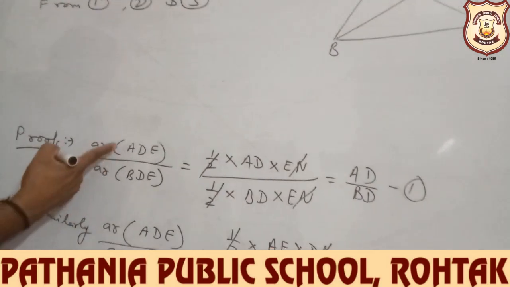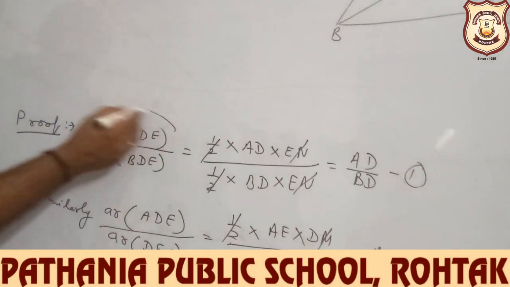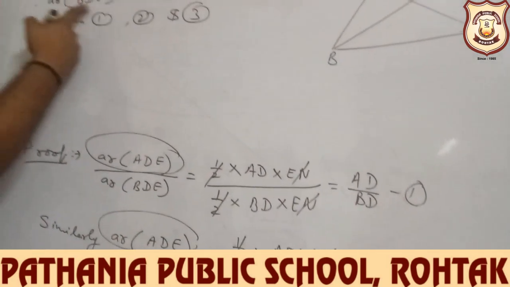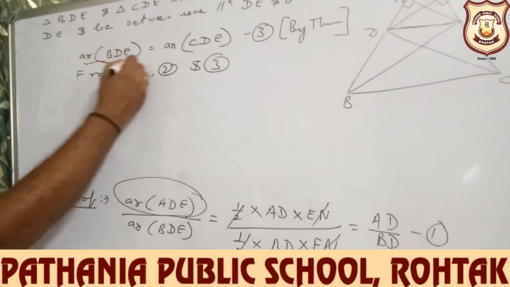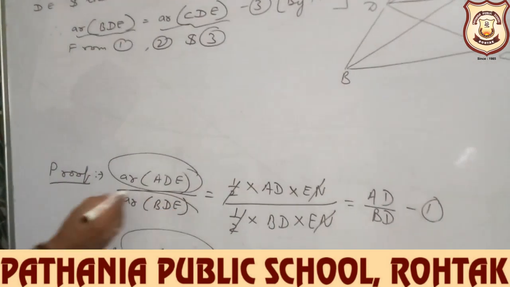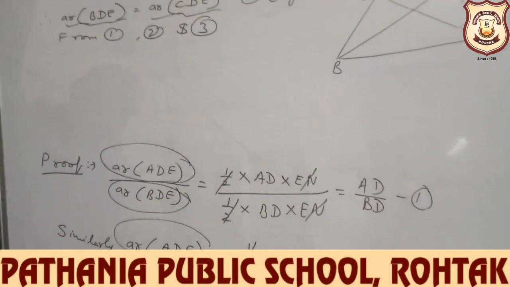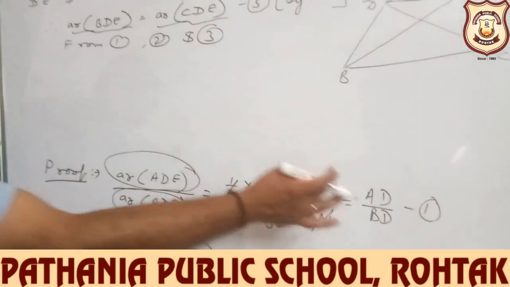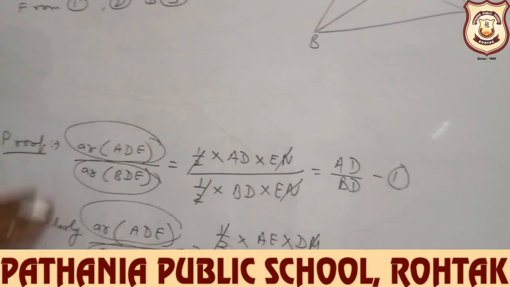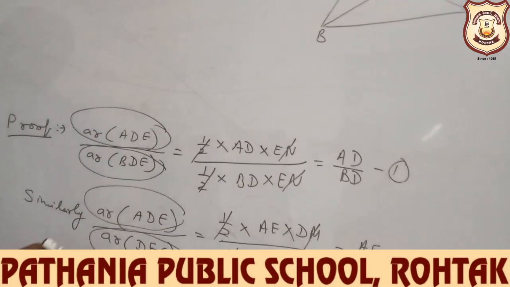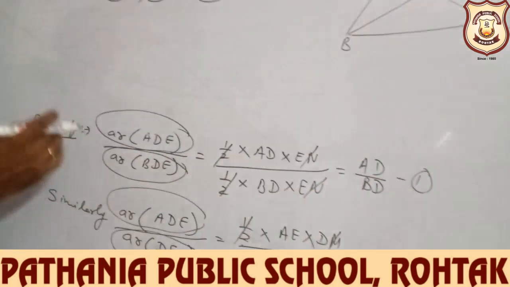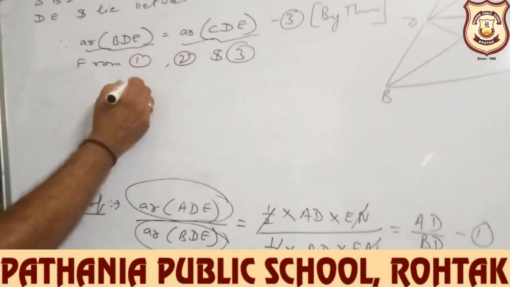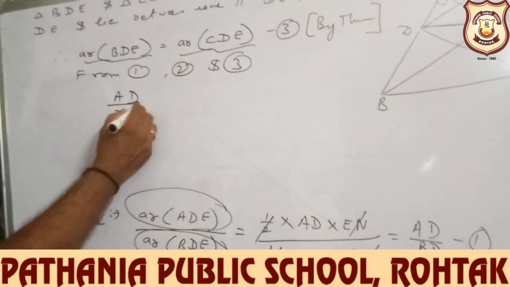From first, second and third. See students, in first and second the numerators are equal, and in third, area of BDE equals area of CDE, so the denominators also become equal. Means the whole LHS becomes equal in first and second. If LHS is equal, then RHS also becomes equal.